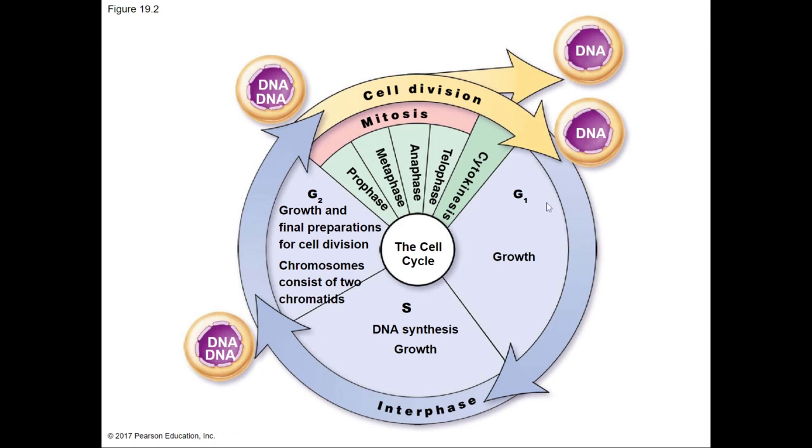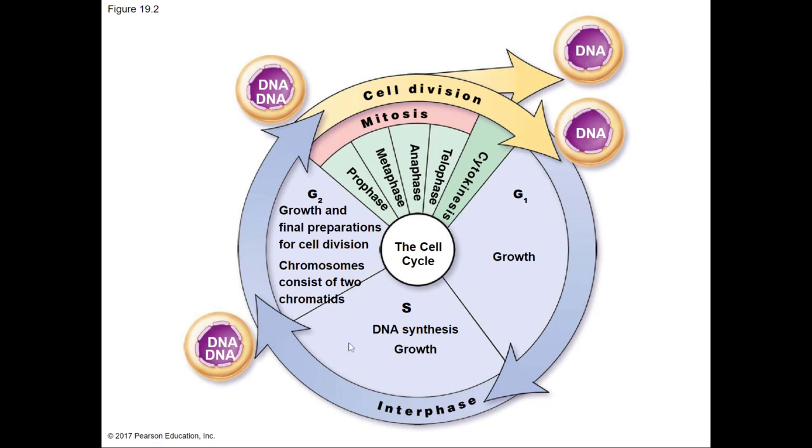This is where the cell is going to increase in size and gain the ability to further undergo division. Before it can do that, it needs to duplicate its DNA. So this next section is known as the S phase, and this is where all the chromosomes are duplicated. So all 46 chromosomes will be copied through that process of DNA replication.